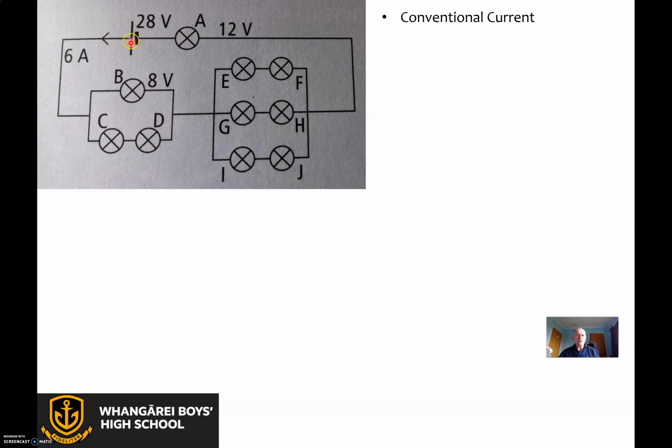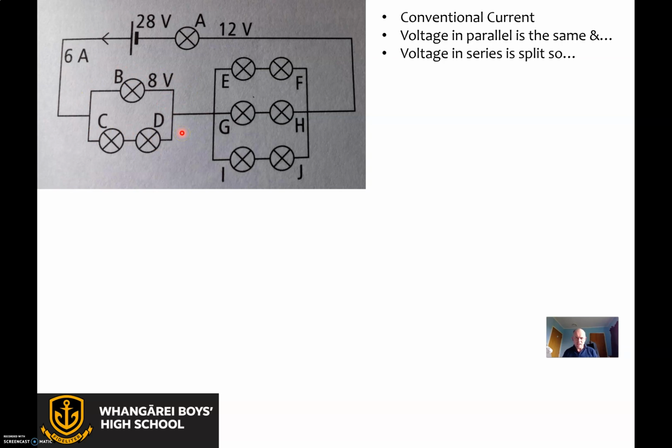So conventional current comes out of the positive side, and there's 6 amps flowing out of here. It comes through to here, and step by step, the first one: voltage in parallel is the same. That was one of the steps we had before. And so therefore, if there's 8 volts across this bit, there'll be 8 volts across this bit here.